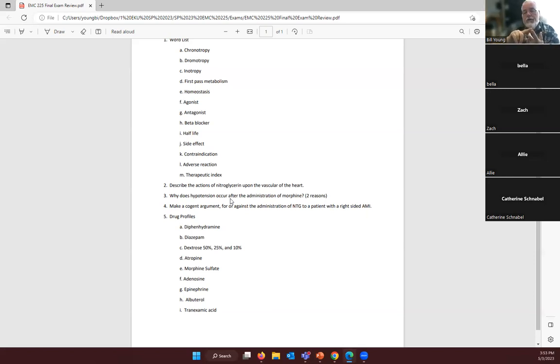It does cause vascular dilation, which decreases the workload of the heart. The other thing to remember is that we give nitro to a patient that's having chest pain because they've got some type of blockage in one or more of the arteries of the heart. So what we want to do is dilate those arteries to get more blood around that blockage, so it's going to perfuse on the distal side, or the far side, of where that blockage is.